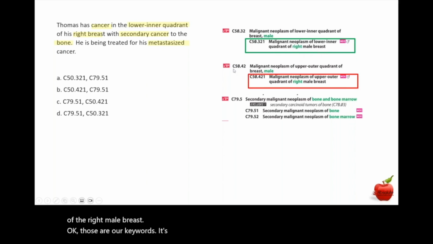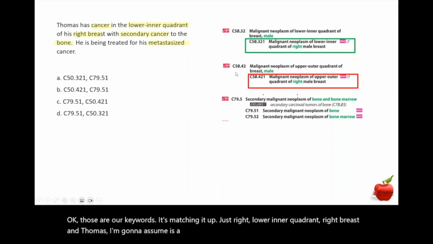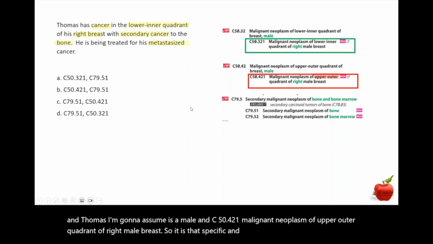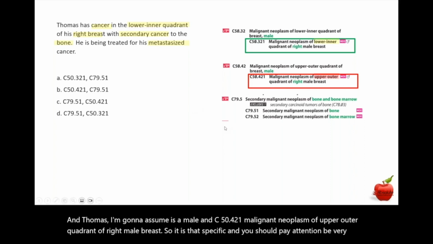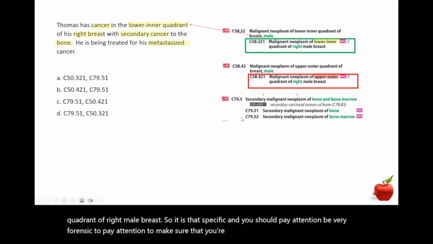It's matching up just right: lower inner quadrant, right breast. And I'm going to assume the patient is male. C50.421 is malignant neoplasm of upper outer quadrant of right male breast. So it is that specific, and you should be very forensic and pay attention to make sure you're coding for the correct portion of the breast.